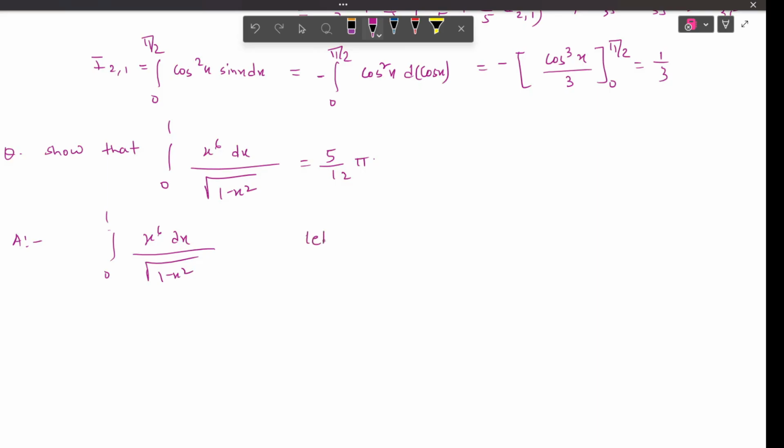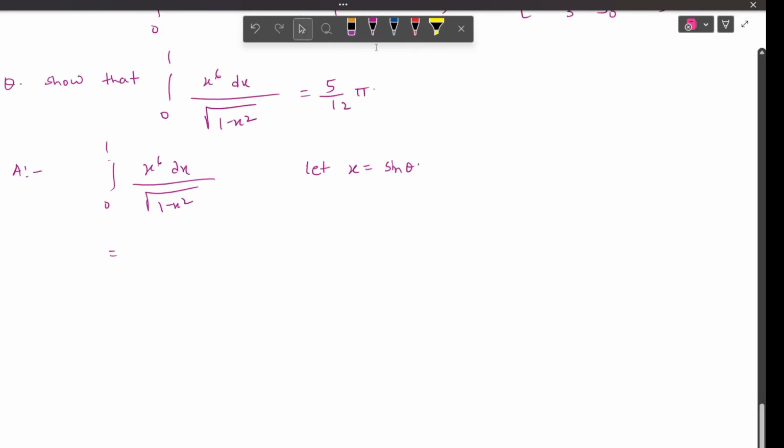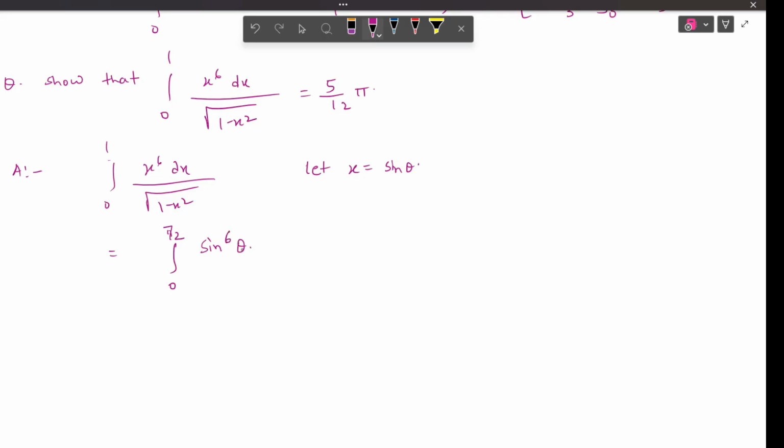So let x be sin theta. If you put x equals 0, sin 0 would be 0, and if you put x equals 1, sin inverse 1 is pi by 2. So the limit is from 0 to pi by 2. This is sin to the power 6 theta.